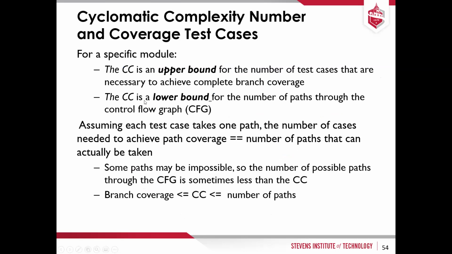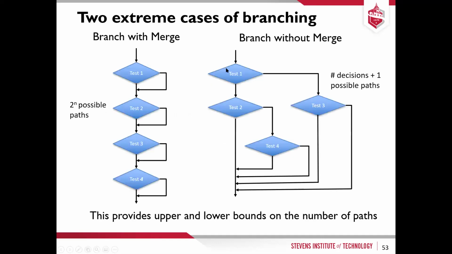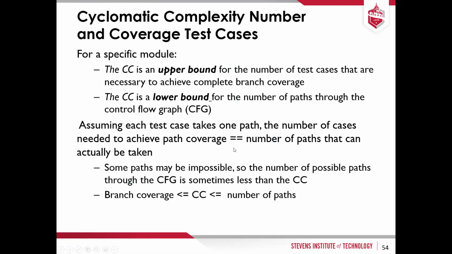So what we can do is look at the minimum and maximum. We can say that the CC is an upper bound for the number of test cases that are necessary, which would be 2^n. This is the upper bound. Then the number of decisions plus 1 is the lower bound. Therefore, I need to find something between these two.